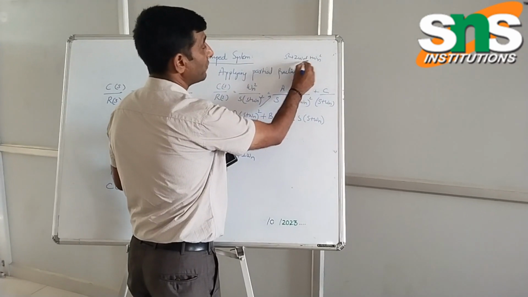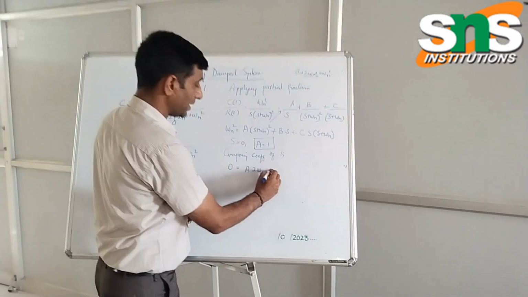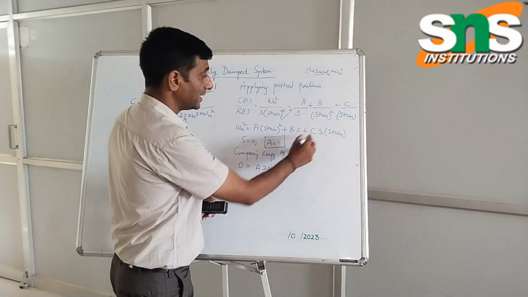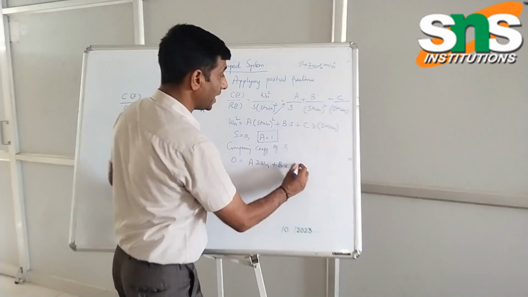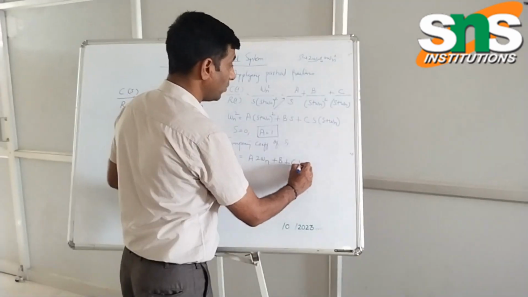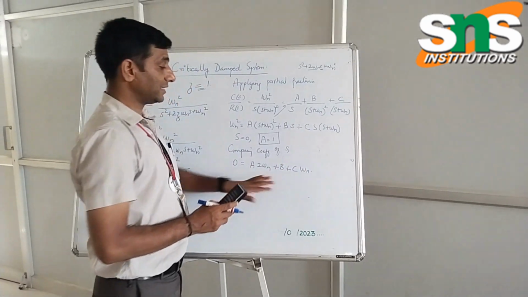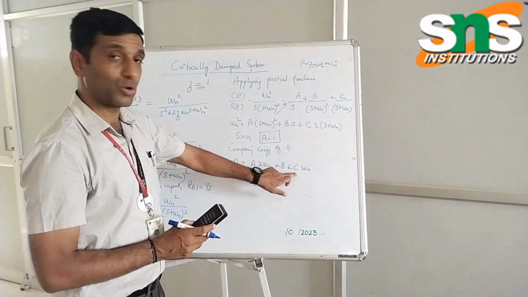So the coefficient of s is 2 omega n plus b, and then plus c times omega n, which is nothing but c omega n. We'll just keep this equation as such, because c is also unknown.